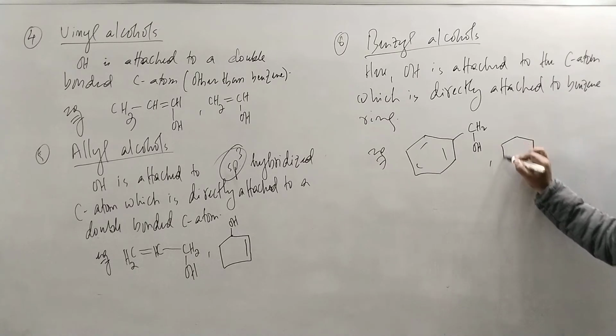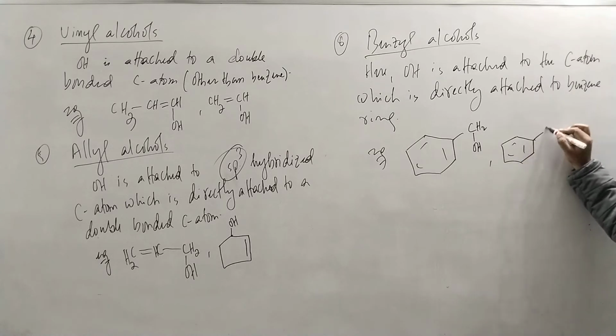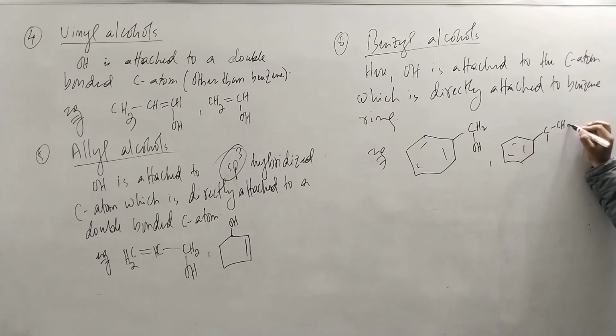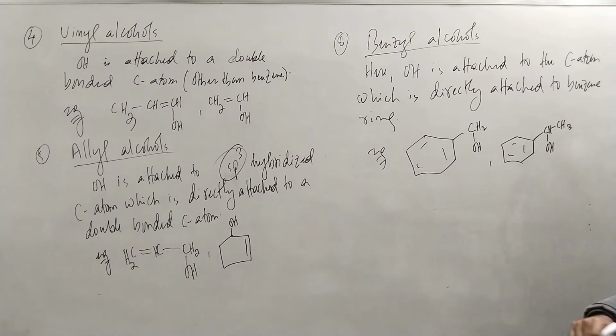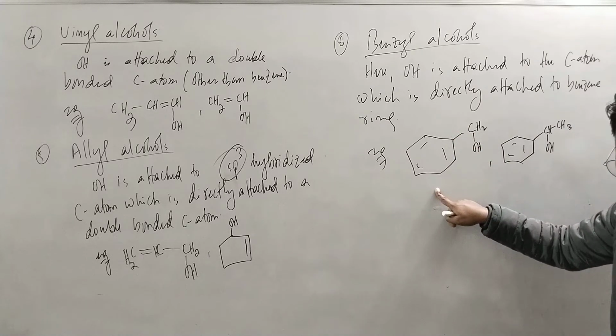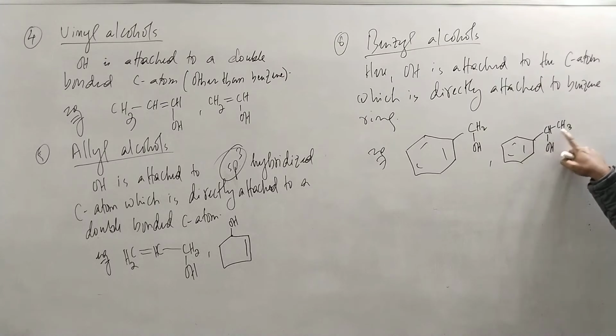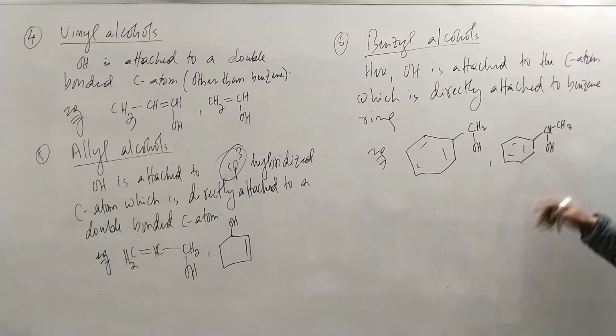Another example of benzyl alcohol is, this is benzyl carbon atom. To this carbon atom many carbon atoms can be attached, no need, and OH must be attached to this carbon atom. This is an example of benzyl alcohol. This is primary benzyl alcohol. This is secondary benzyl alcohol. Okay, we can make a tertiary benzyl alcohol also.